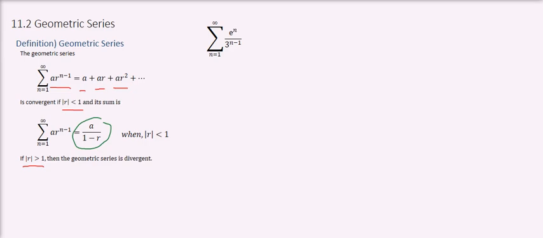So let's start off with the series right here. Let's write out a set of partial sums to get a feel of what this series is doing.